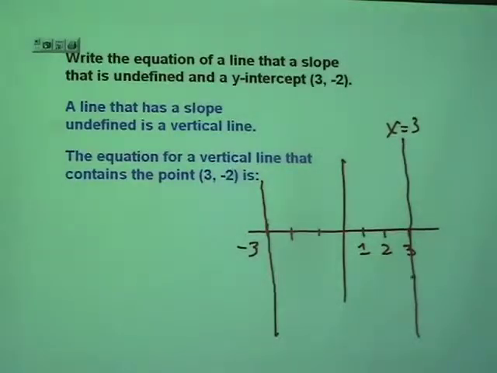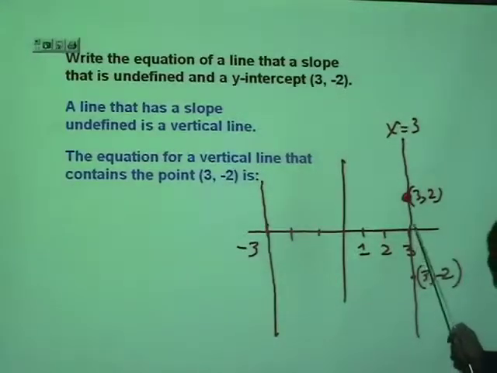Now, we are told that 3, negative 2 is a point on that line. Anywhere on this point, the value of x will be 3. Is that right? Anywhere you go along that vertical line, the value of x will be 3.